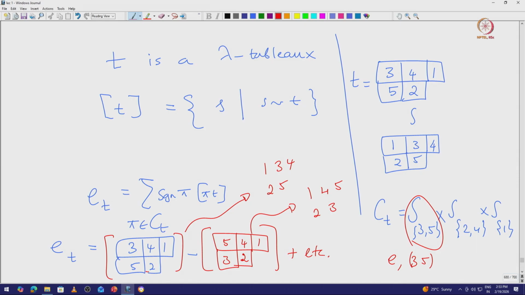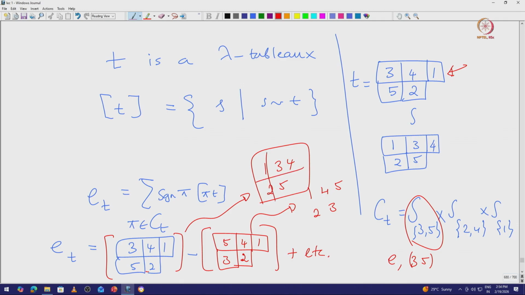So, now indeed inside your E_t you are also trying to do this column permutations. If we do that, we can make sure that you can start with any tableau and then end up with what is called a standard tableau.